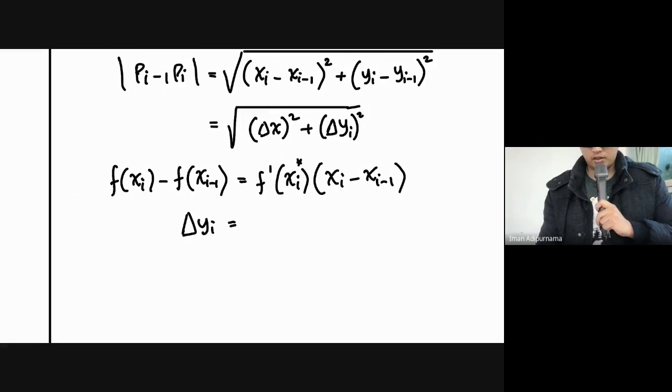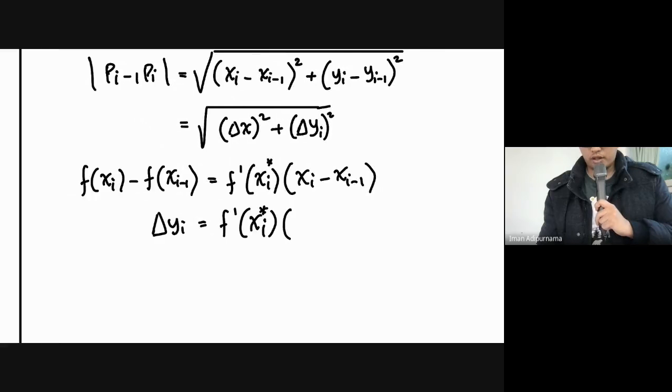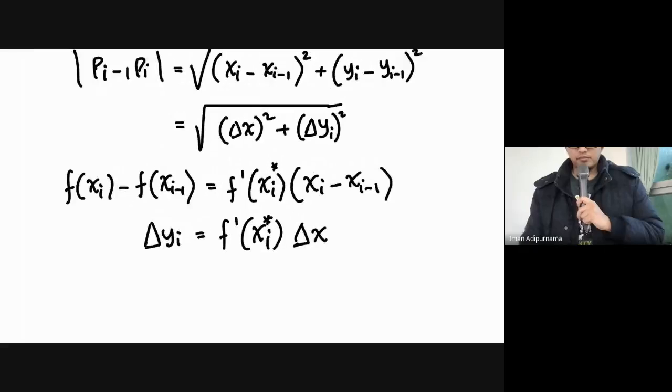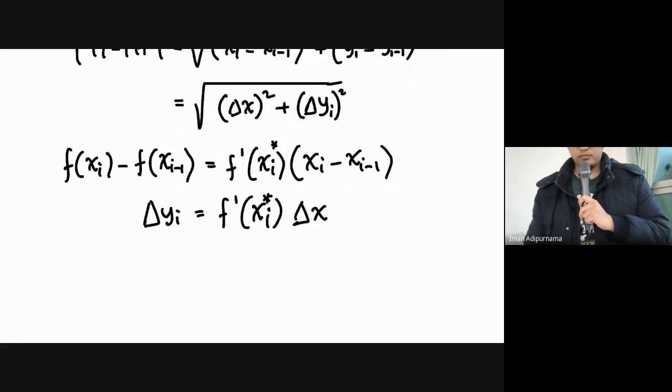And this is delta yi. We can also write this, this is maybe delta x.